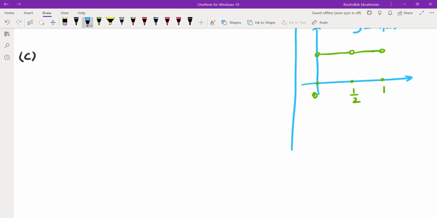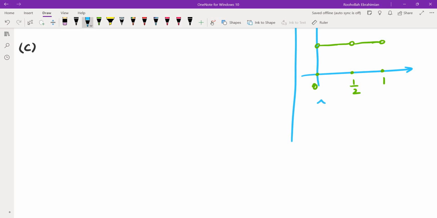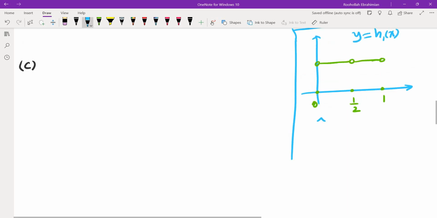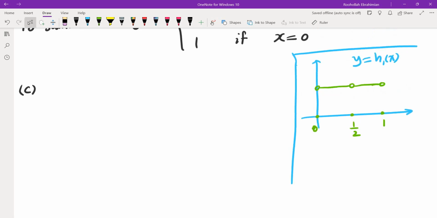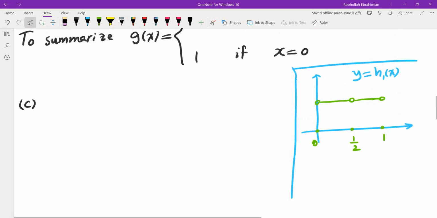Now, if you look at h2, let me draw h2 in the same graph with a different color. So perhaps I'm going to change the color here to green, and I'm going to use a third color for h2. h2 would be anything that is of the form m over 4.